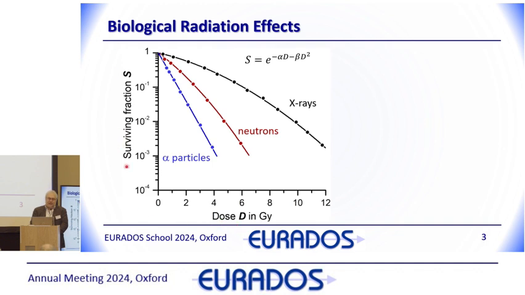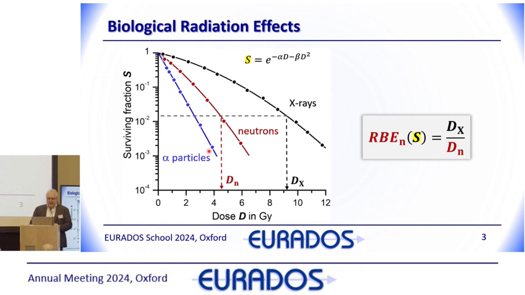And you have the surviving fraction, which is the proportion of cells that survive after a certain period of time. If you plot that on this log scale, you get these parabolic curves, and you see that these curves are different for different radiation types, different radiation qualities.